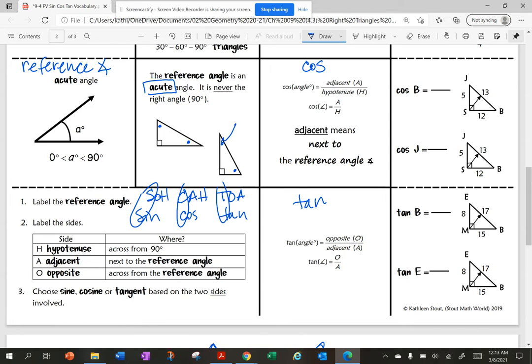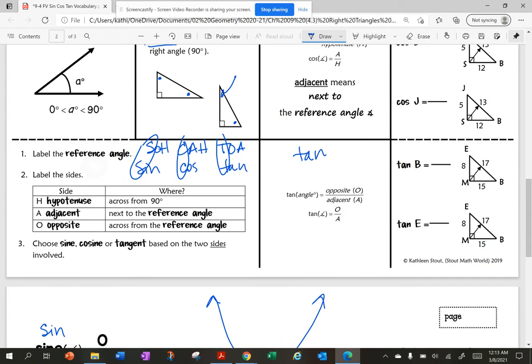So the strategy we are going to use is we are going to label the reference angle. Once we know which is the reference angle, then we're going to label our three sides. The hypotenuse is the side across from the 90-degree angle.